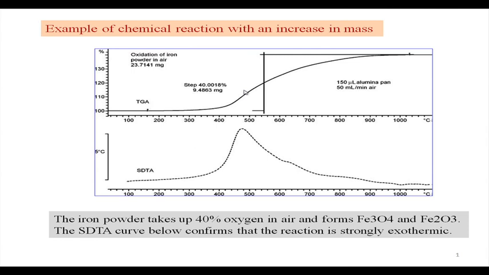And whether we have a plot in the upward direction or in the downward direction, we see that this particular weight gain process is also an exothermic process. So, oxidation, and most of these oxidations are giving rise to a temperature rise of the sample that is heated. So, it is typically an exothermic reaction. Most of the oxidations are very much exothermic in nature.